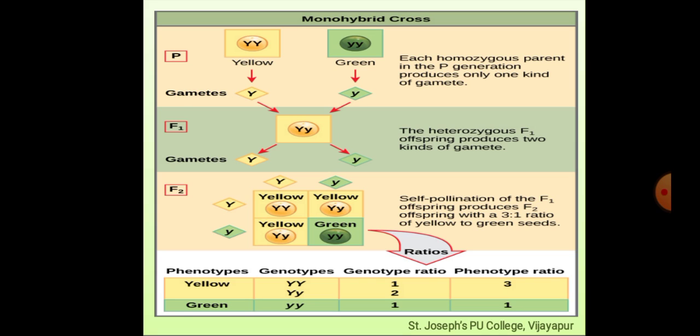Otherwise, we may call one homozygous yellow, two heterozygous yellow, and one recessive green. So 1 is to 2 is to 1 is the genotypic ratio Mendel got at the end of the F2 generation.